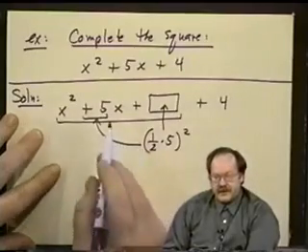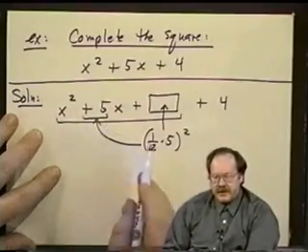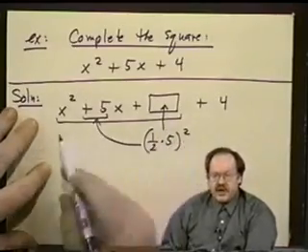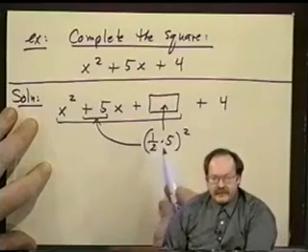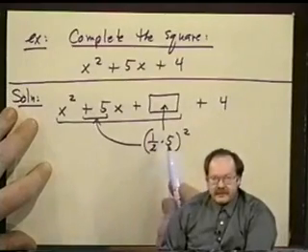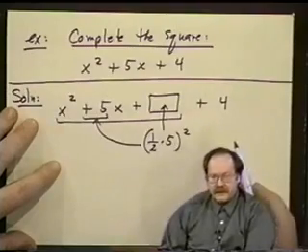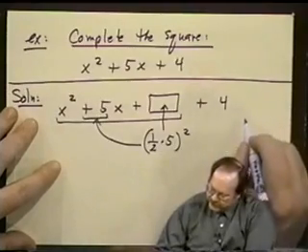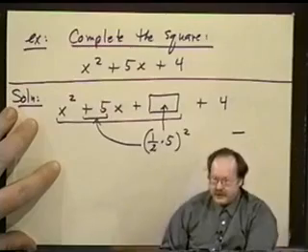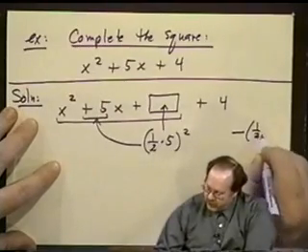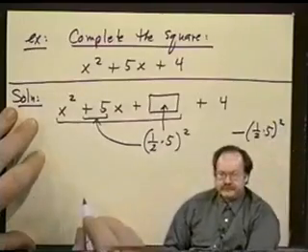So there's the process. You take the coefficient of x times 1/2, square it, and put it in the box. Now, that has changed this expression. I've added something new. Well, if you add something new, you must compensate for it, otherwise you change the problem, by subtracting away that thing. So over here, I'll put it down here to remind you, I'm going to subtract away what I just added. So I'll subtract away (1/2 of 5) squared.